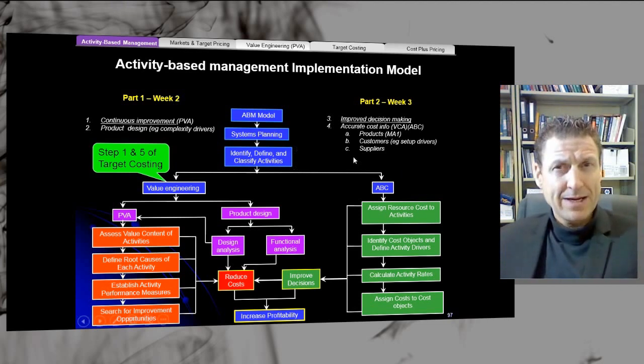We're going to cover that in the following week in more detail with examples and applications pertaining to customers, pertaining to suppliers. In the past, a bulk of management accounting teaching is really focused on just allocating activity-based costing to products. Do we make or buy a product?